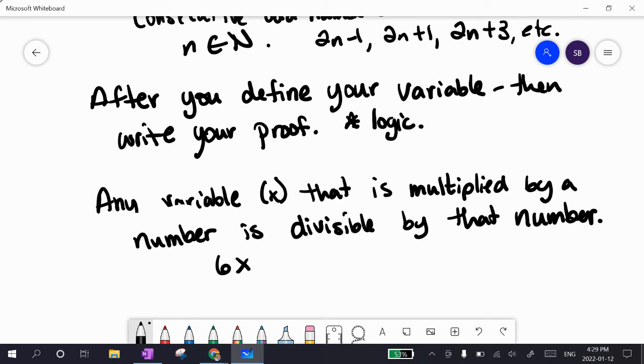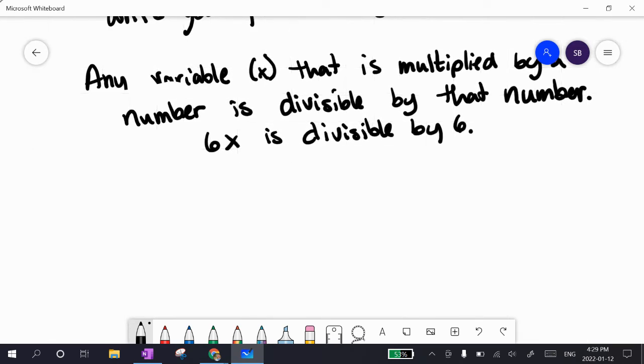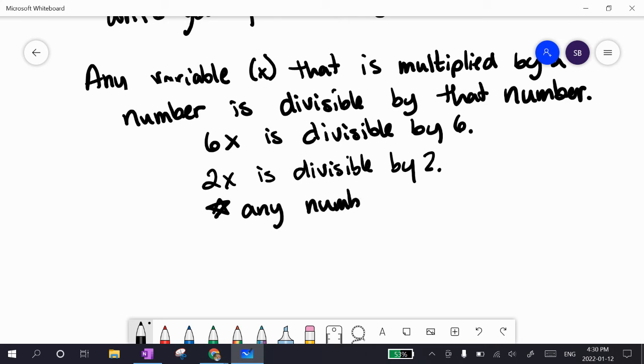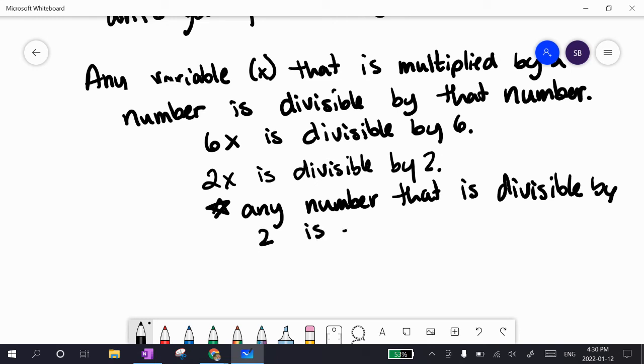So 6x is divisible by 6. 2x is divisible by 2. It should be noted that any number that is divisible by 2 is even.